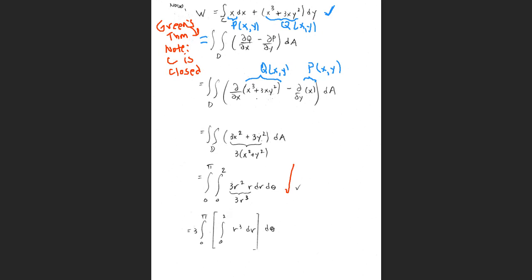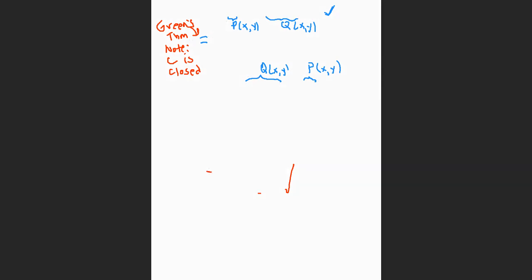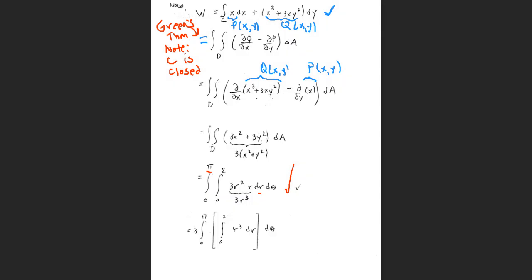The radius goes from 0 to 2, and theta goes from 0 to pi, 0 degrees to 180 degrees, because you have half of the circle there. And so now it just becomes a section 12.4 problem.